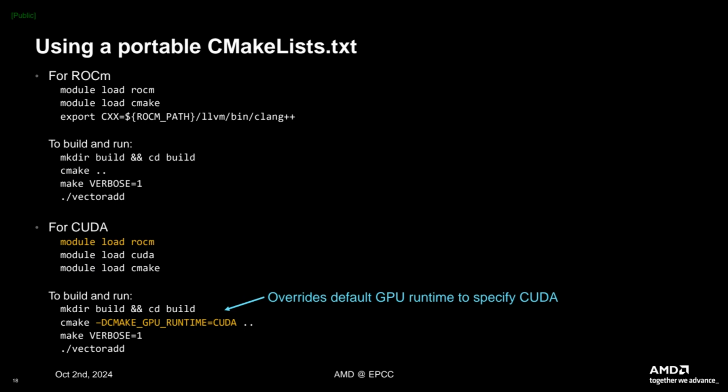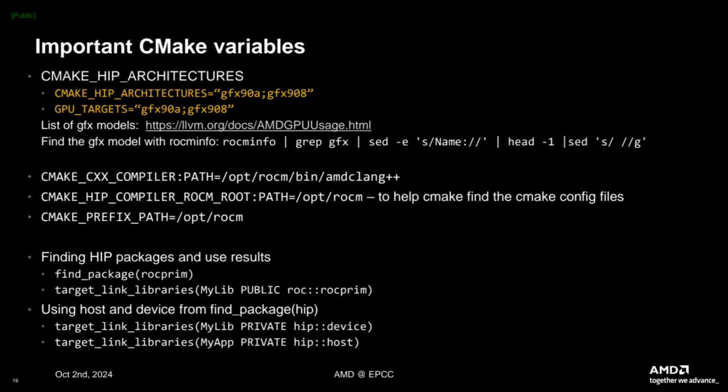Architecture for which you want to compile, and you can do that with these two variables here. So GFX is associated with an LLVM target, and you can see a list of all of these GFX models at this LLVM docs link.